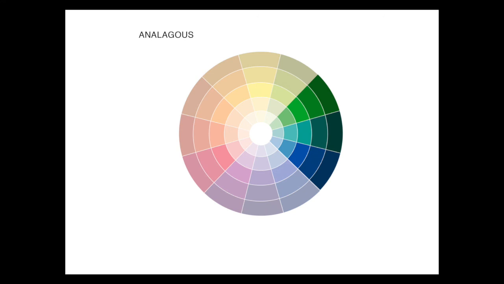This is one of my personal favorite color schemes. I love using it. It can really create very harmonious paintings, but be careful because your work can look monochromatic, so be sure to select colors that complement each other more, rather than all cool colors together or all warm colors together.